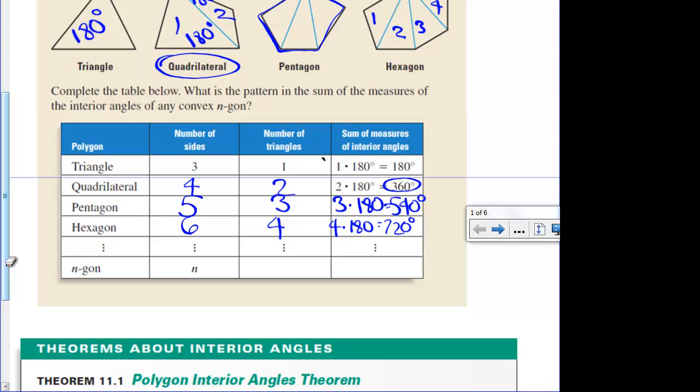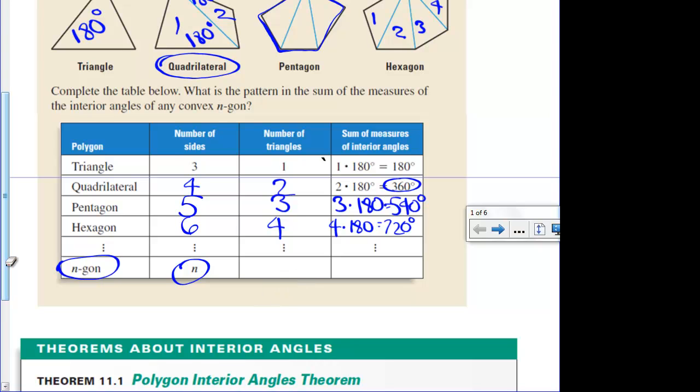So this pattern will continue, and let's say we have an n-gon, meaning some polygon with n number of sides. n could be 7, it could be 8, it could be 20. So if there are n sides, the question is, how do we get this middle term? It's going to be an expression as opposed to a number.